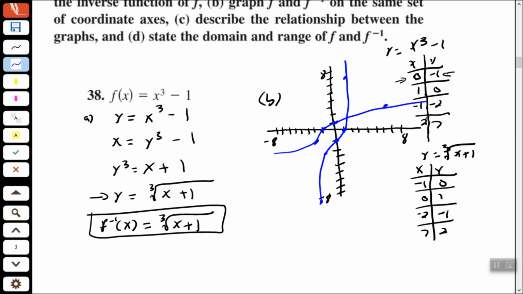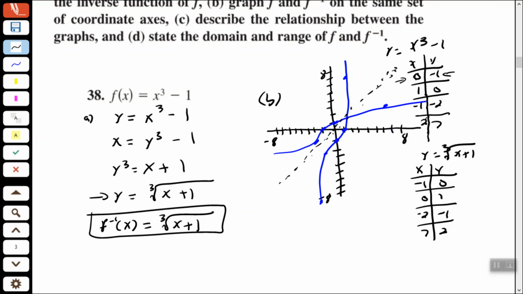All right, so now what you can see is that this thing flips over where x equals y. That's how you know it's an inverse. We put that dotted line of the graph x equals y. These graphs flip over the x equals y line.